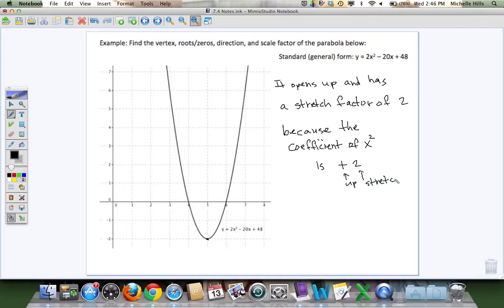So that's where I got that from. So if I'm asked to write a complete sentence about what I know and why I know it, it opens up and it has a stretch factor of 2 because the coefficient of x squared is +2.